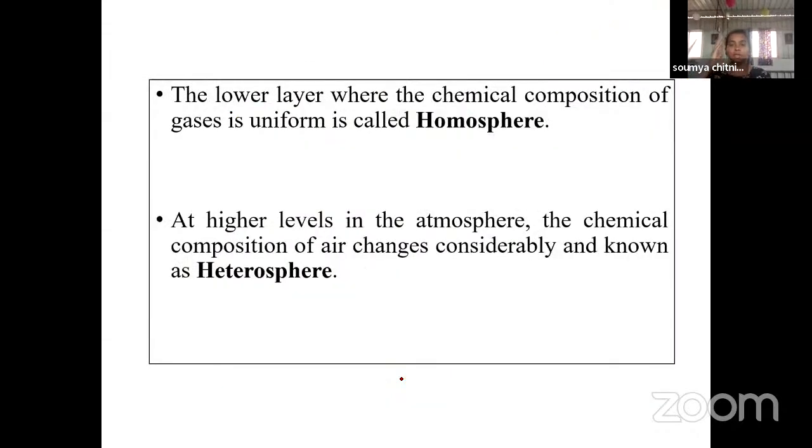Now coming to the different layers of the atmosphere. The lower layers, where the chemical composition of gases is uniform, we call the homosphere. In the homosphere and heterosphere we have different layers of the atmosphere, like the troposphere, stratosphere, mesosphere, and the thermosphere. I'll show you a picture so you'll have a better idea about it. At higher levels of the atmosphere, the chemical composition changes drastically. We cannot have the same composition in the upper layers, so it is called the heterosphere.